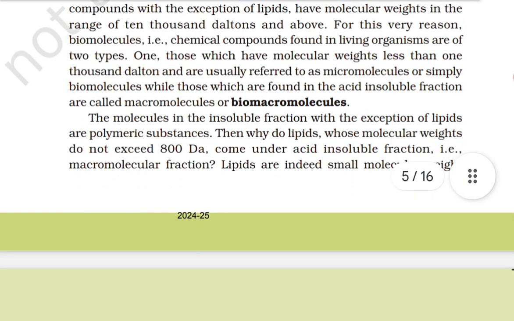सोचो why? This is because lipids are indeed small molecular weight compounds and are present not only as such but also arranged into structures like cell membrane and other membranes. When we grind tissue, we are disrupting the cell structure.